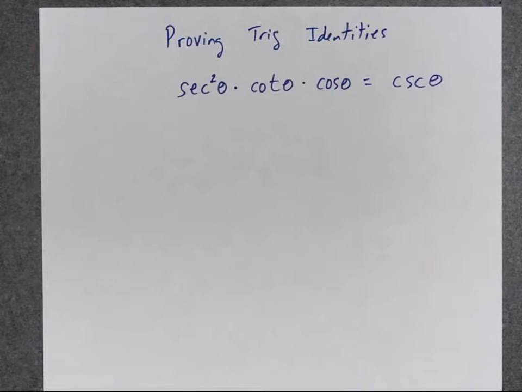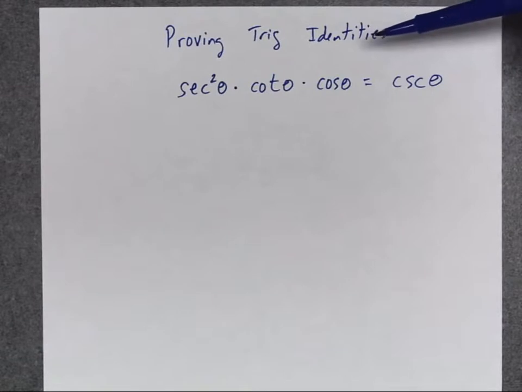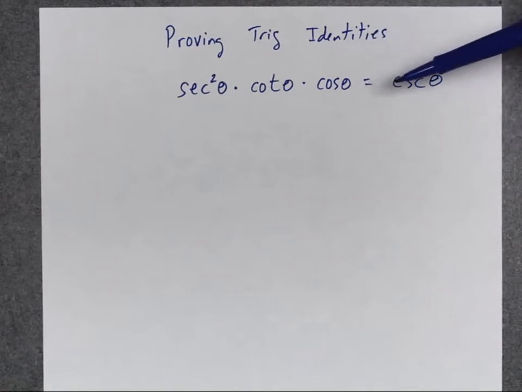Now, from my experience working with trig students, proving trig identities seems to be pretty challenging, although it still surprises me a bit because once you follow the steps I give you, hopefully you can start to figure out most trig identities.